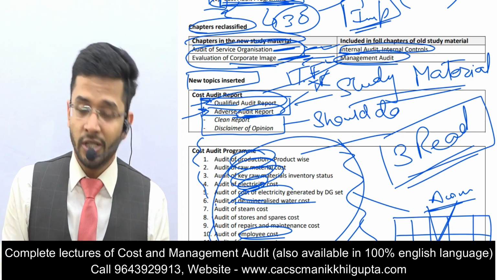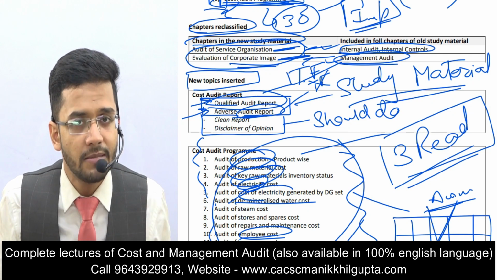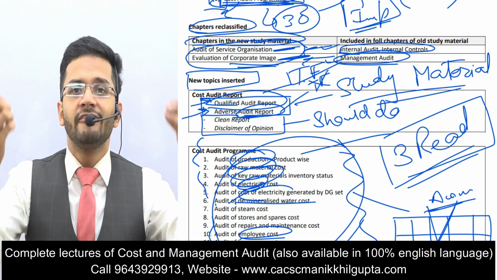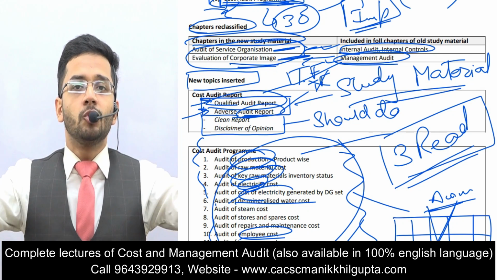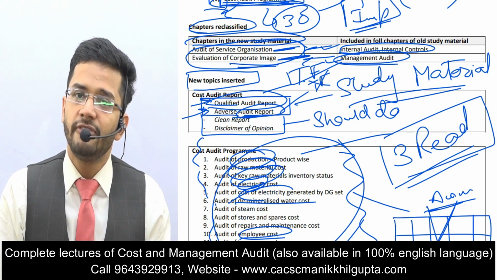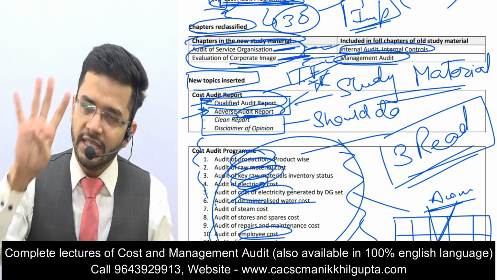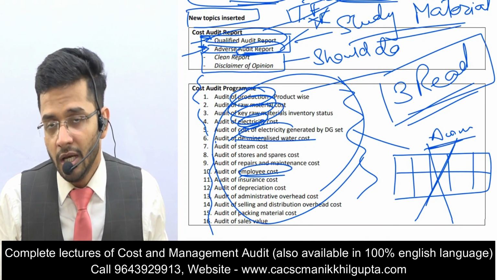In that case, the auditor gives a disclaimer of opinion that I am not able to express any opinion on the cost statements because I have not been provided the relevant data, or I have not been provided the relevant support by the management. Therefore, I am unable to comment on the truth and fairness of the cost statement. That is disclaimer of opinion. So yes, these four types of cost audit report are important to you and are applicable in your syllabus as well.